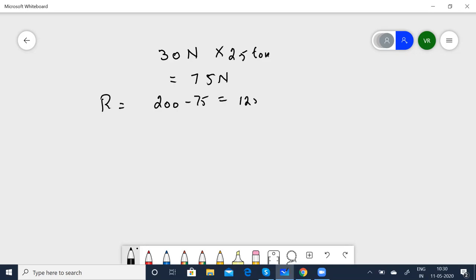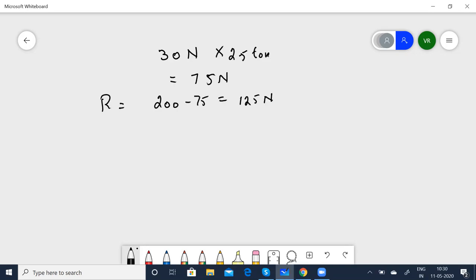Now, the total resistance: since everything is given in tons, first of all, let us take that. The resistance is 30 newtons per ton, so we convert that for 2.5 tons, which is equal to 75 newtons. So the resultant force R is equal to 200 minus 75, which is equal to 125 newtons.